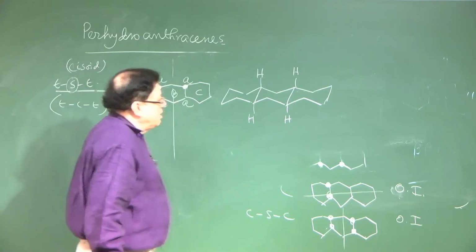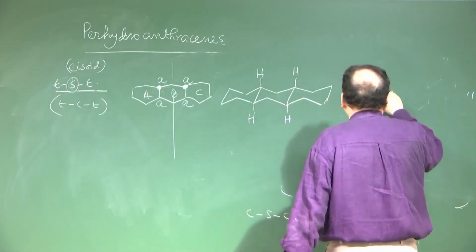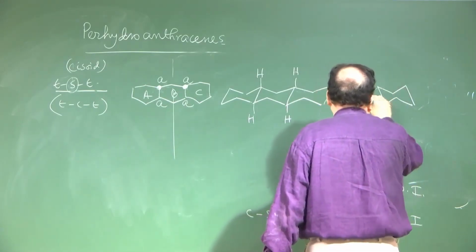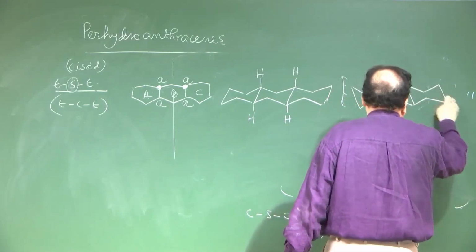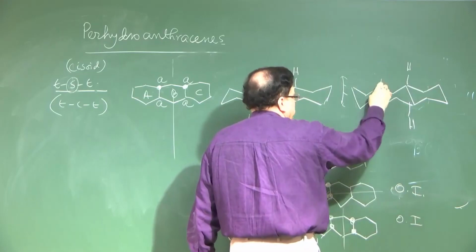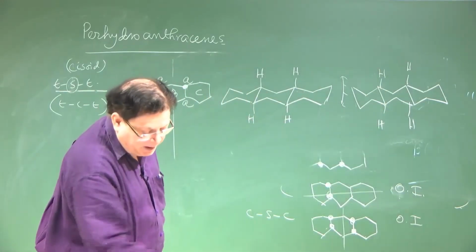Okay. You can also check this by drawing the mirror image and see that they are superimposable on each other. That is also you can do. So, these are all the hydrogens, and what will happen?